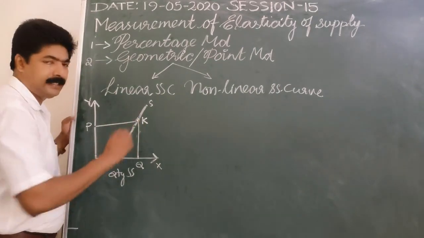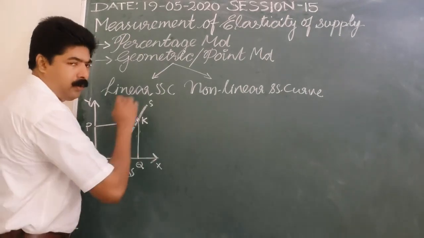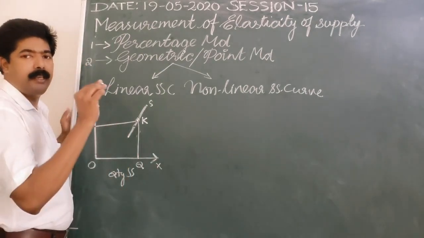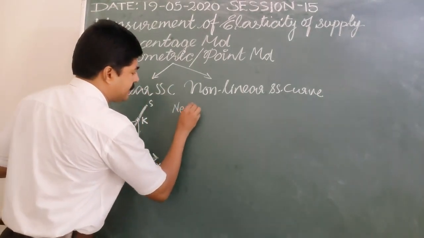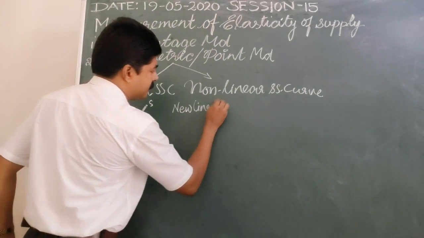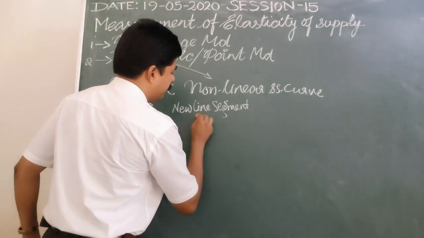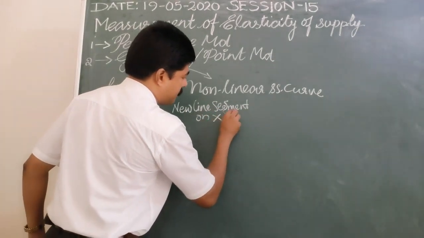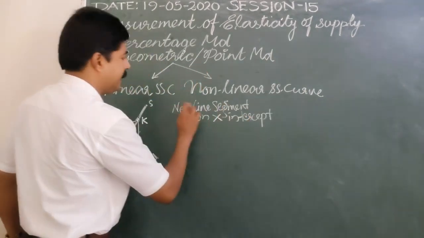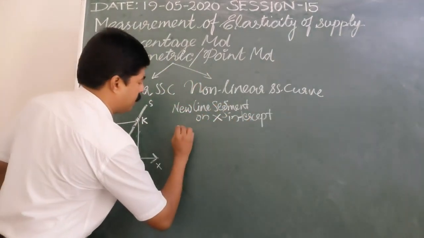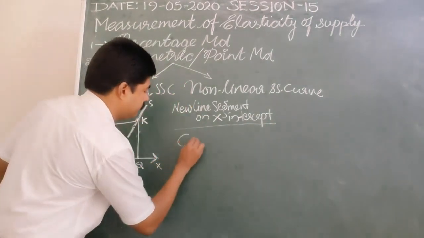Let us write it like this. The point K is the particular point at which we are going to measure the elasticity, and we can write the formula: new line segment on x-intercept upon old line segment on x.